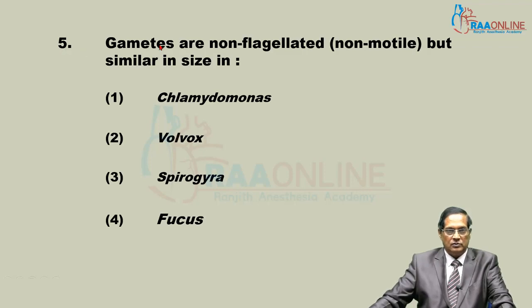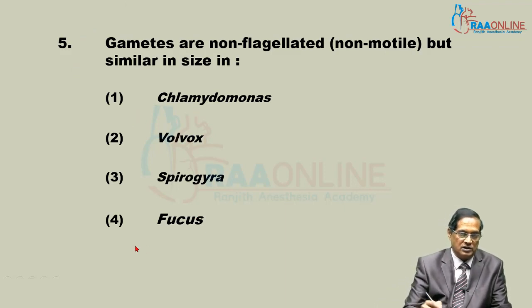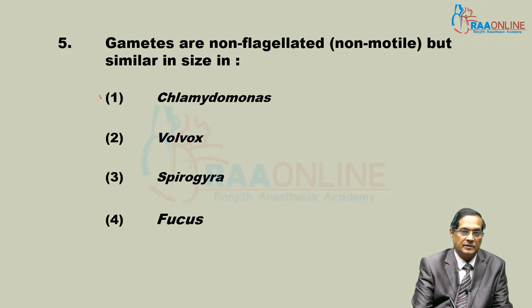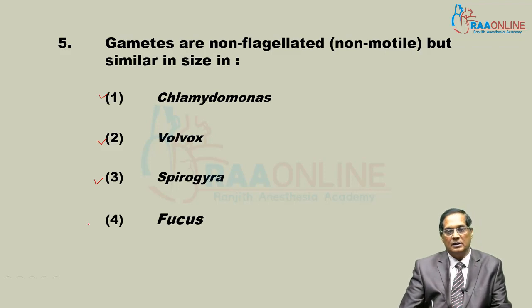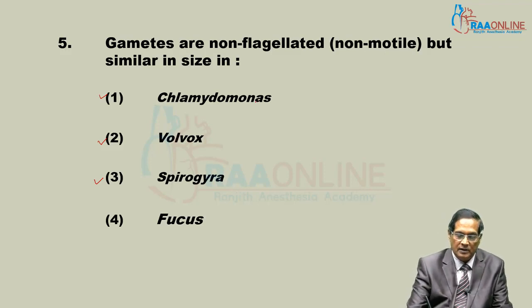Question number 5. Gametes are non-flagellate but similar in size. These are a few examples, and all are mostly green alga, and the last one is brown alga.